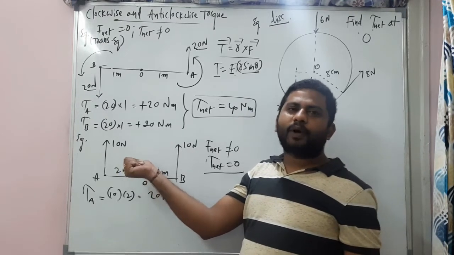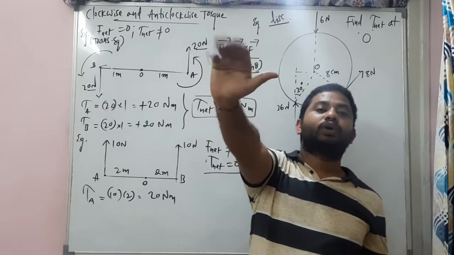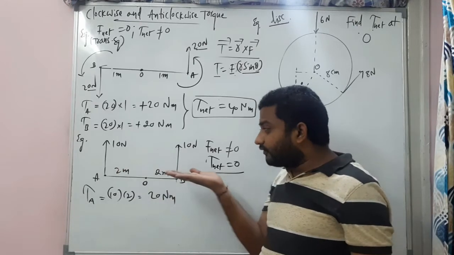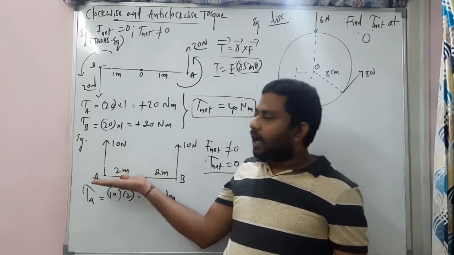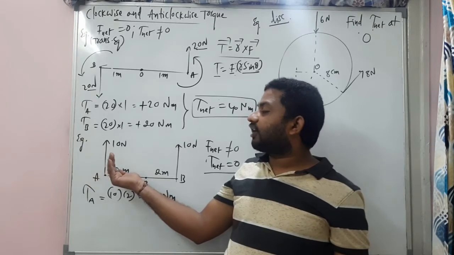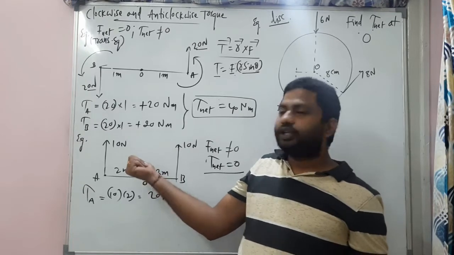Everybody must try with your right hand thumb rule. The stretched fingers are along R bar, and the fingers are curled towards F bar, and if you look at it, the direction of the torque is into the plane.